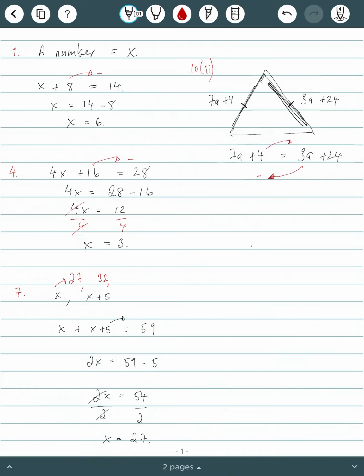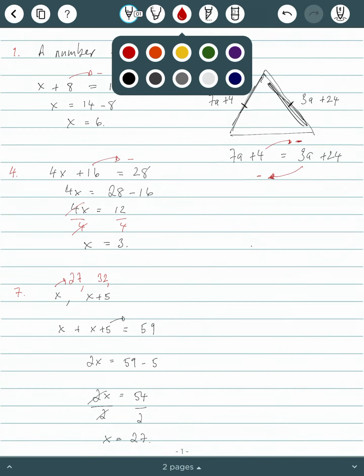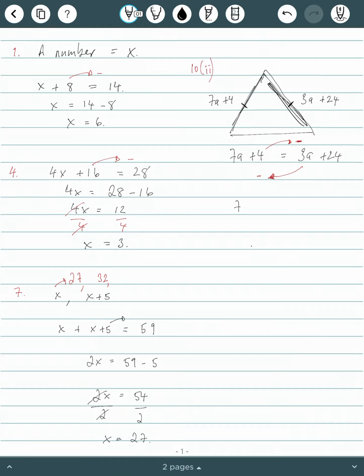Move that plus 4 over, it becomes a minus also. So now I have 7a minus 3a is equal to 24 minus 4. 7a minus 3a is 4a, and 24 minus 4 is 20. Divide both sides by 4, and we get a is equal to 5. And that question is done.